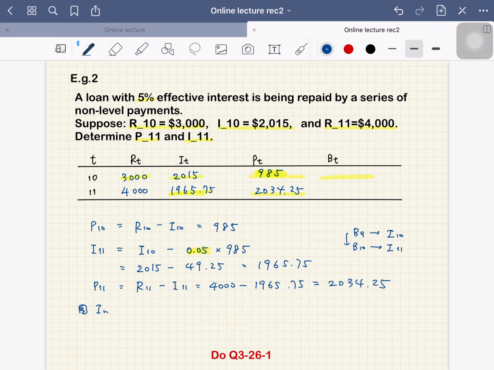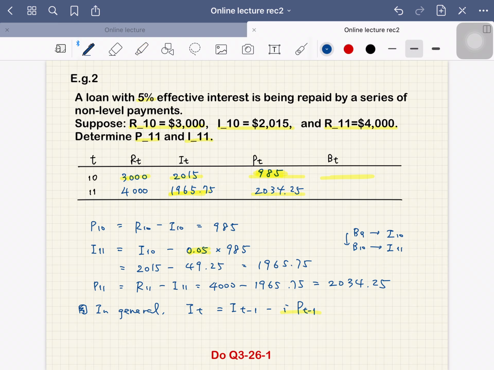So in general, I_t is equal to I_(t-1) minus interest rate times P_(t-1), because interest paid this year is decreased by interest rate times principal repaid compared to the last year.